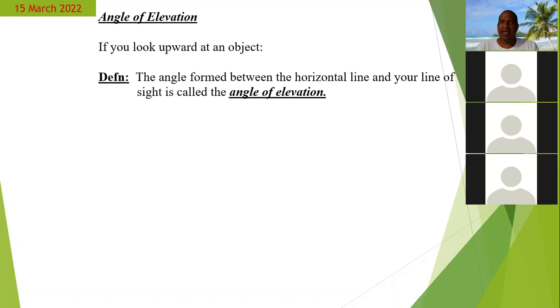Now, when you think about your sight, you're thinking about you looking at something, and just imagine that straight line in which you're looking is what is referred to as a line of sight. So if you imagine that you're focusing on some object some distance away, the line from your eye to the object would be referred to as your line of sight. Is that clear to everyone? Raise your hand if that is clear to you guys.